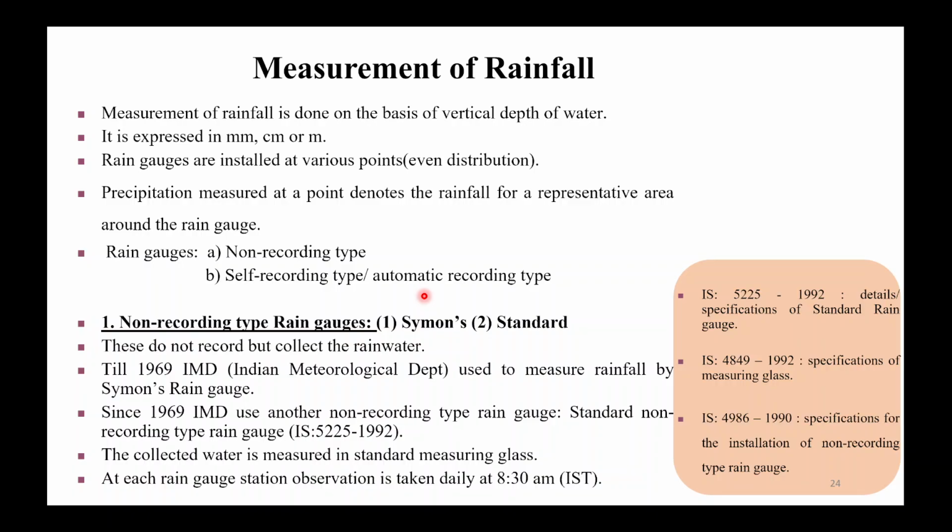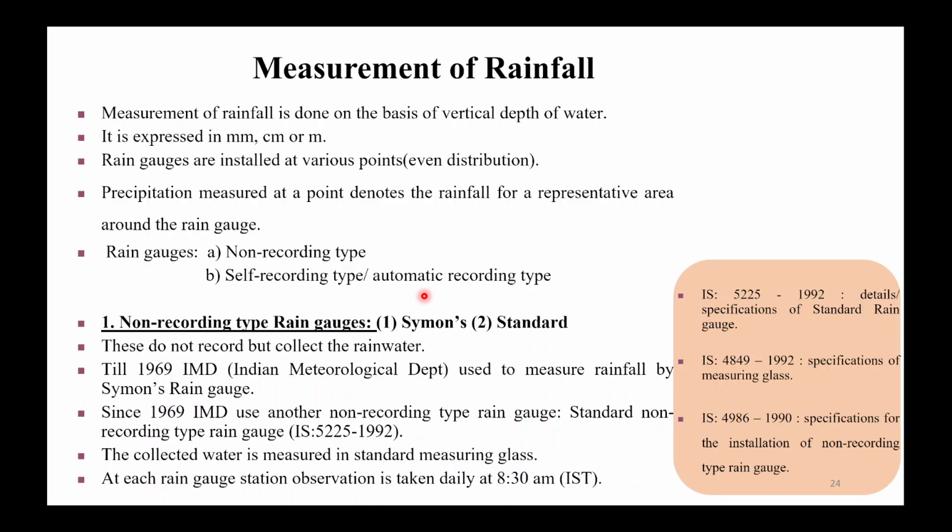So talking about firstly the non-recording type rain gauges, there are two types. One is the Simon's gauge and another is the standard non-recording rain gauge. Now Simon's was used in India till 1969, which was brought by the British.